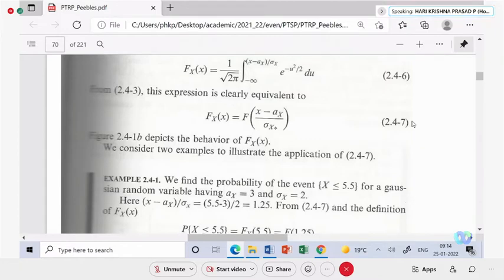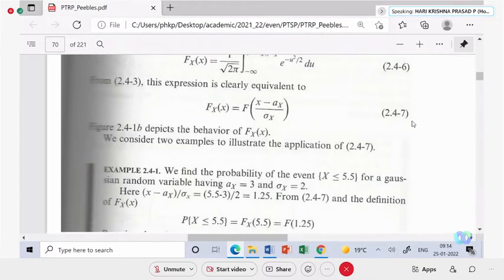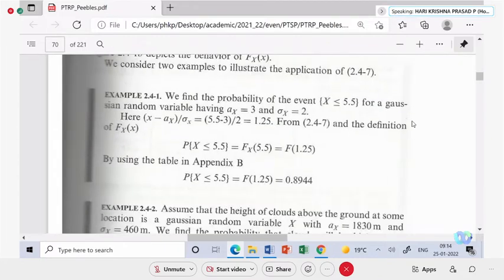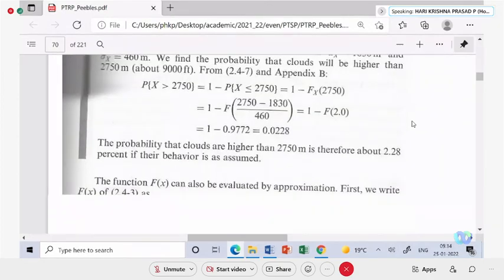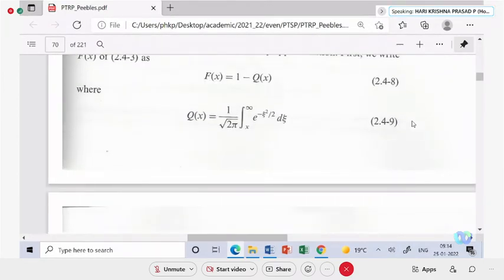Here the subscript capital X refers to general density function. Here on the right hand side, capital X refers to the case when we consider zero mean unit variance. This is the problem. And this is another problem.